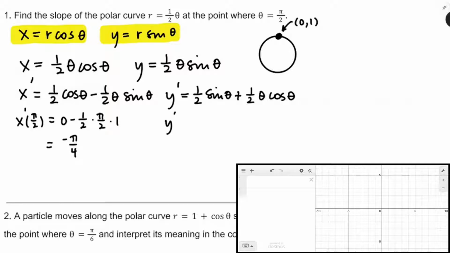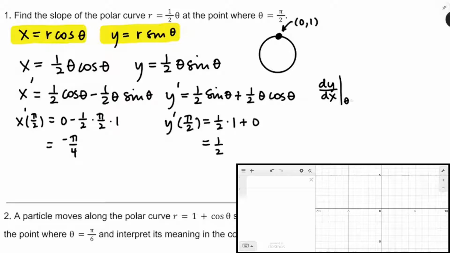And then y prime of pi over 2 is going to equal 1/2 of 1 plus something that has a 0 in it, so it's going to be 0. And that'll be a half. If I want to find dy dx, I'm going to divide those two things by each other.